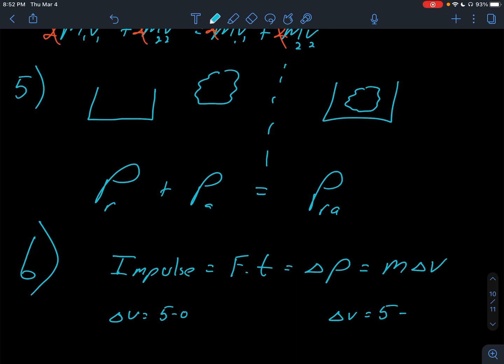Or even if some energy was lost and it was something smaller, it really doesn't matter. It's because they're going opposite directions. So if we had a positive 5 direction, meaning down, if we call down positive and it goes back up, it would be an overall change of 10 meters per second. Or we can even look at units of momentum if we wanted to. So the golf ball has the greater impulse because it had a greater change in velocity, therefore a greater change in momentum. And change in momentum is equal to impulse.